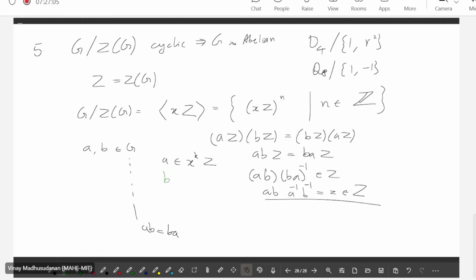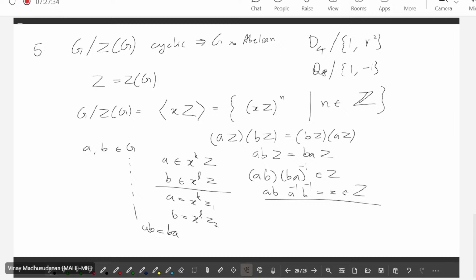And B belongs to some x power L z. That means A is equal to x power k z1, B is equal to x power L z2, where z1 and z2 belong to capital Z.